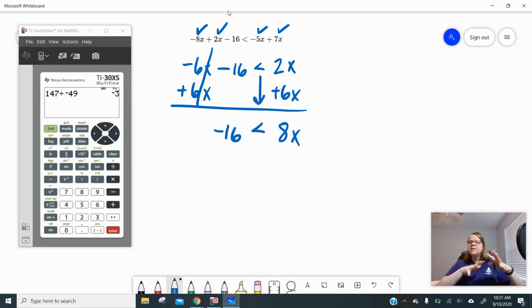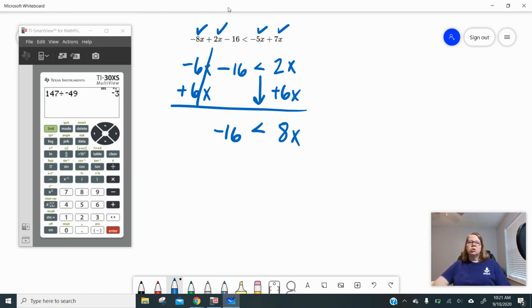That inequality sign is not going to change. Less than doesn't change to greater than unless you divide by a negative, or at the very end, if x is on the right and you have to move it over to the left, then you'll change the sign, which you'll see in just a minute when we do that. Okay, so we have -16 is less than 8x.